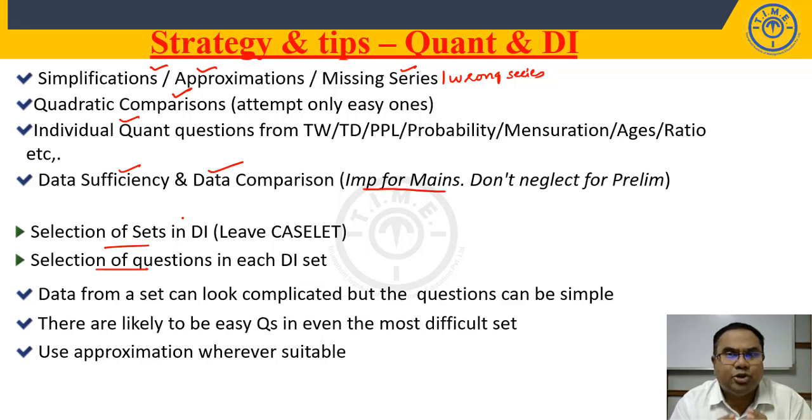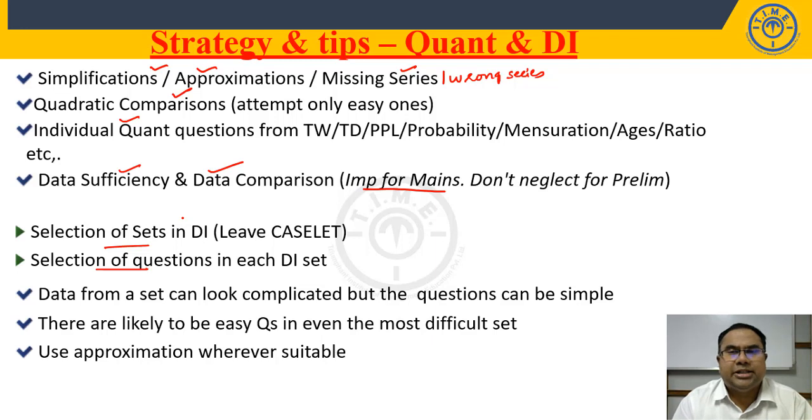Everything should be done in these 4 minutes, so you cannot afford to solve all 5 questions. Identify easy questions from the DI set and solve them first. Lengthy, calculation based questions you can put off for your second round, when you can come back and look at solving those sets. So selection of sets is very important.